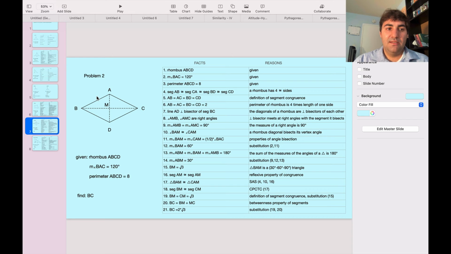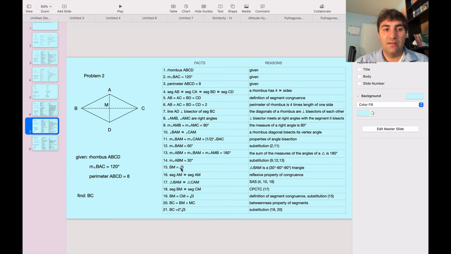In a 30, 60, 90 degree triangle, we have the ratio x, root 3 times x, and the longest side is going to be 2 times x. So we know this whole side is equal to 2. So 2x equals 2 means x is equal to 1. In other words, AM is equal to 1. And BM is equal to square root of 3 times 1, which is square root of 3. And I condensed it, so I didn't write all that out.